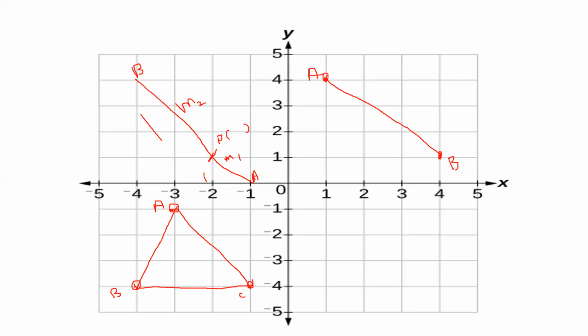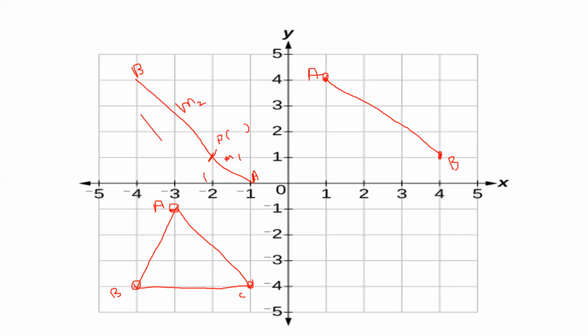Now you can see a triangle formed here. Is that right? Now the topic here is, if I join 3 points in a plane forming a triangle, then what is the area of the triangle?